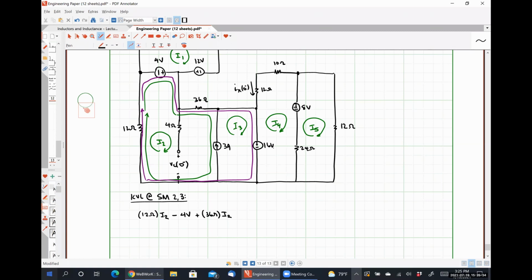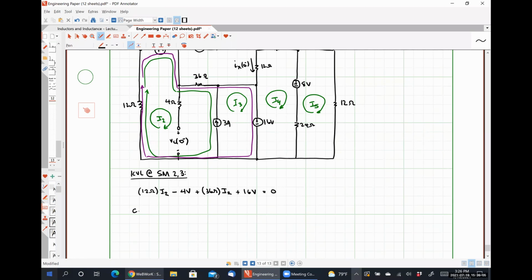Then I see the positive polarity terminal of my 16-volt source, and that closes my loop. So any questions regarding this Kirchhoff's voltage law for super mesh 2 and 3 equation? All right.